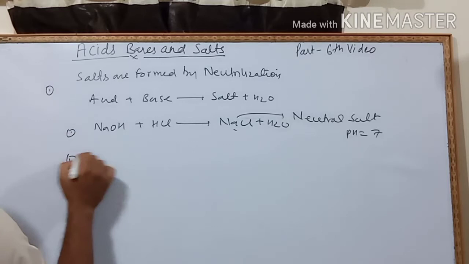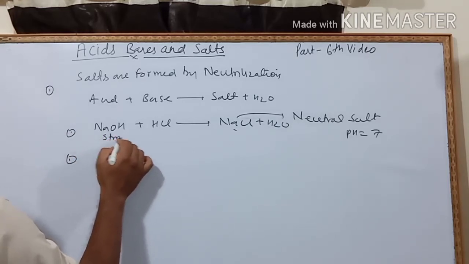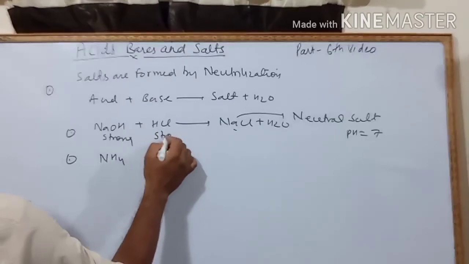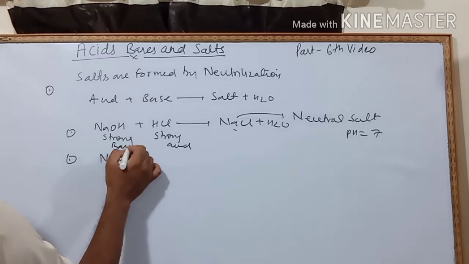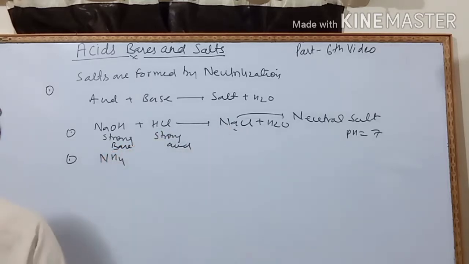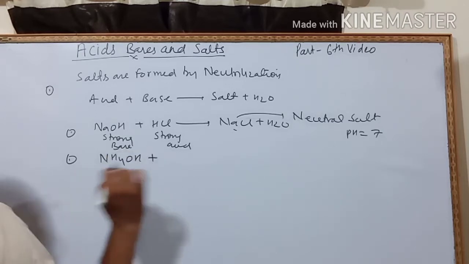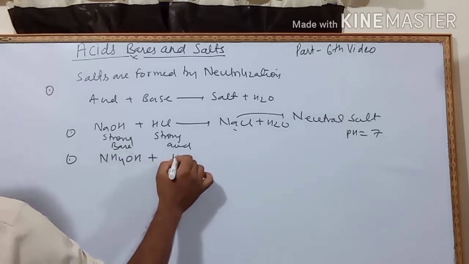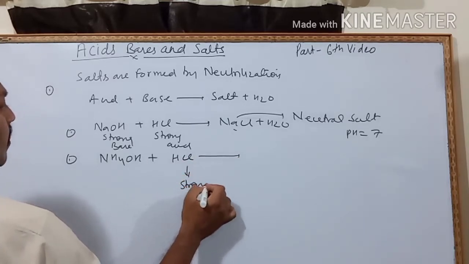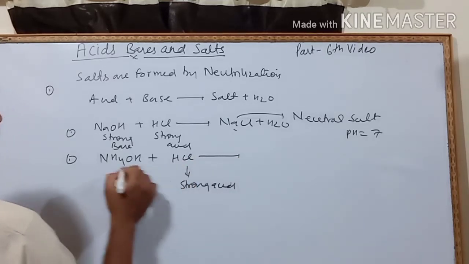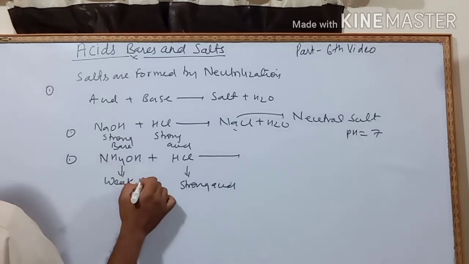Why neutral? Because it is formed from a strong base and a strong acid. Similarly, NH4OH plus HCl. HCl is a strong acid, and ammonium hydroxide is a weak base.